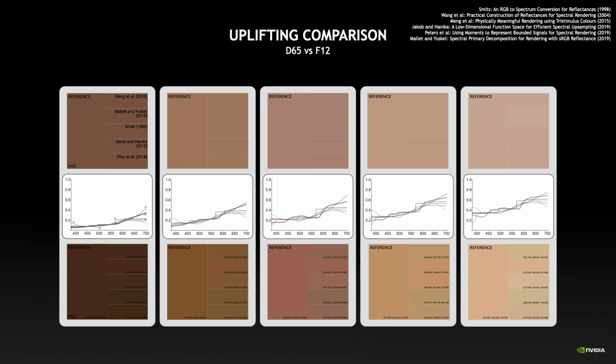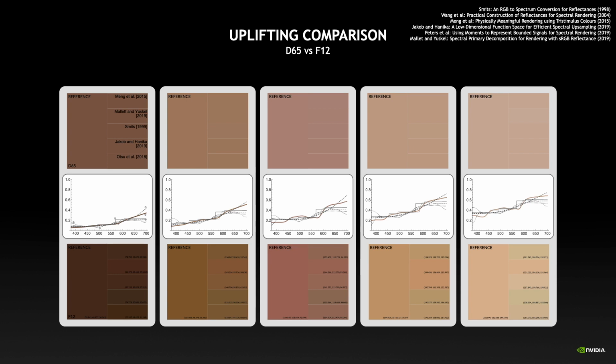This also means that the round trip, which is the quality thing you're after in the uplifting, matters. The uplifting algorithms are targeted for D65. If you look at the comparison I have here from different skin colors uplifted to a spectral curve, all of them have an almost perfect round trip in D65.